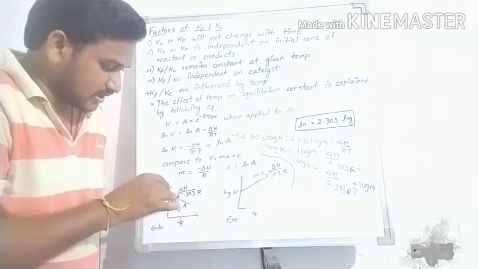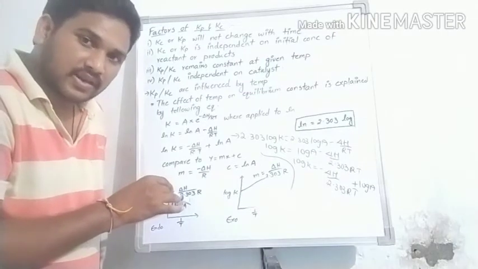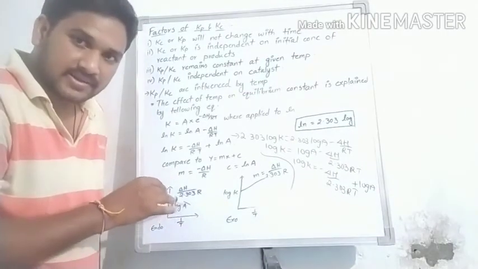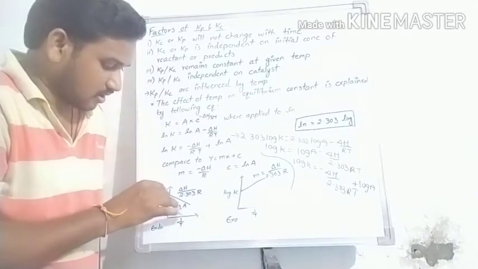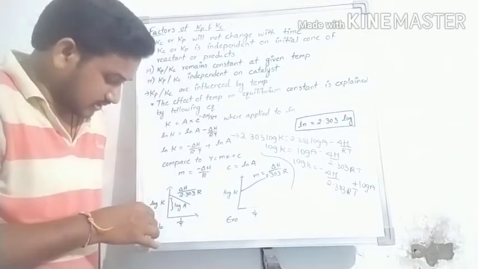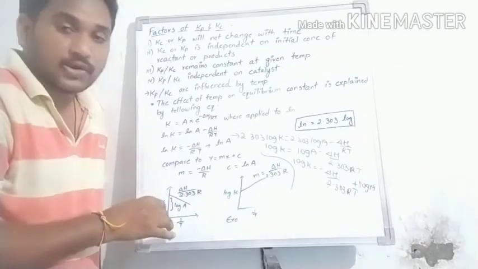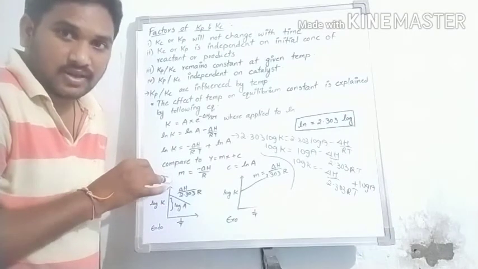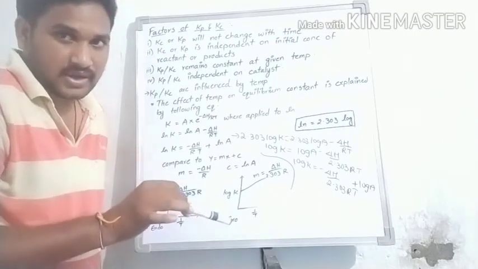The slope is delta H by 2.303 R, and the intercept c is equal to log A. In this case, only the endothermic reaction has a straight line in the downward direction.